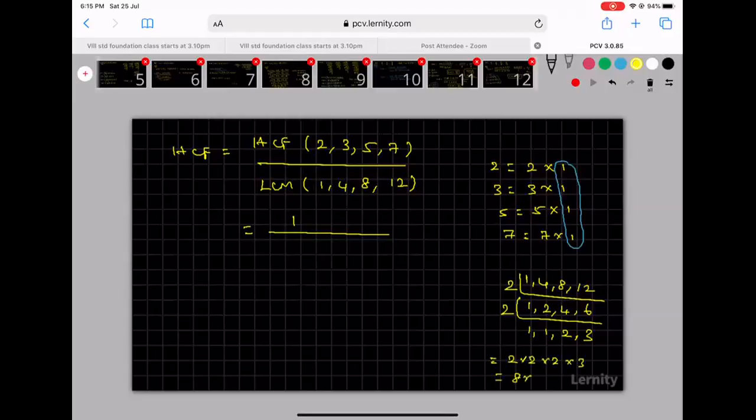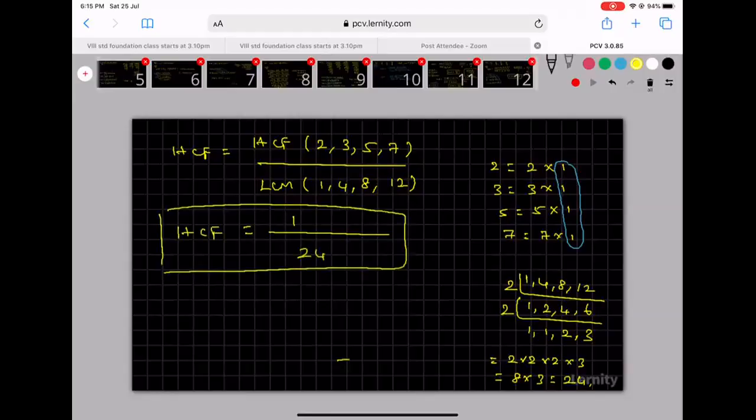So 8 into 3, therefore my value is 24. So the LCM of 1, 4, 8, 12 is 24. Therefore my HCF answer is 1 by 24. This is my answer. Okay, any doubts?